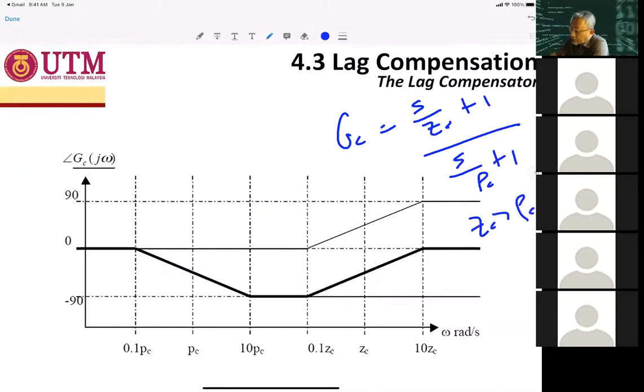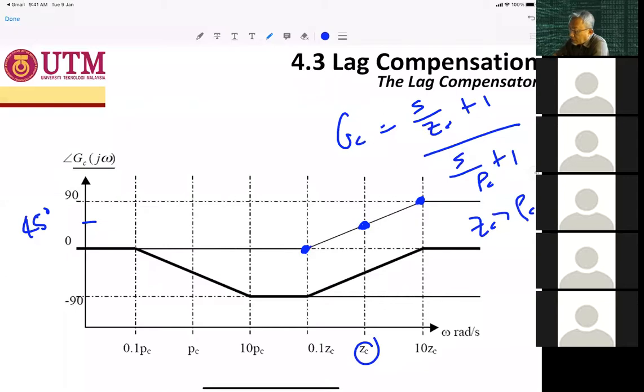The phase for Zc is here, which corresponds to 45 degrees. This is the lower frequency, this is the higher frequency, and Zc is the corner frequency.